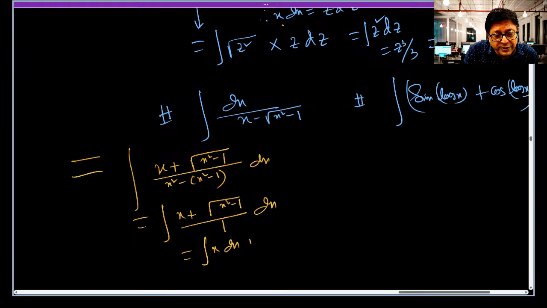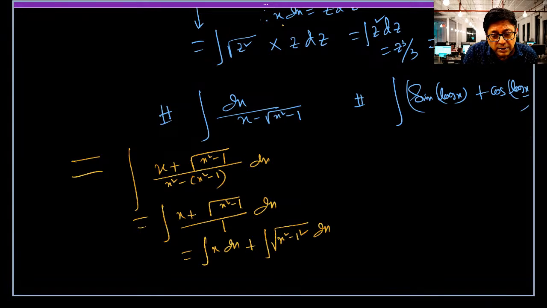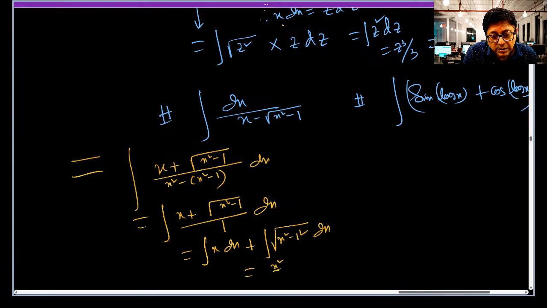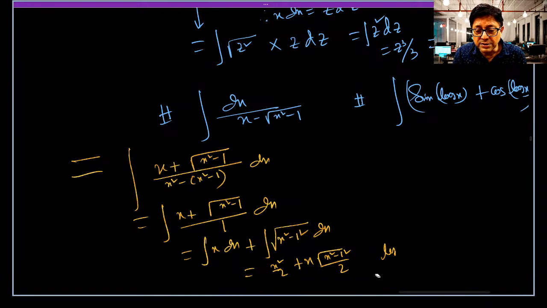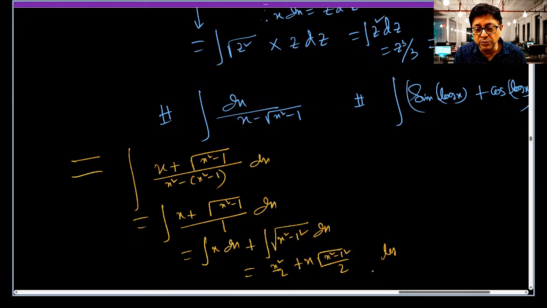So integration of x dx is x square by 2 plus a square by 2. No, it will be minus. Don't make this mistake. Root x square minus a square. No.